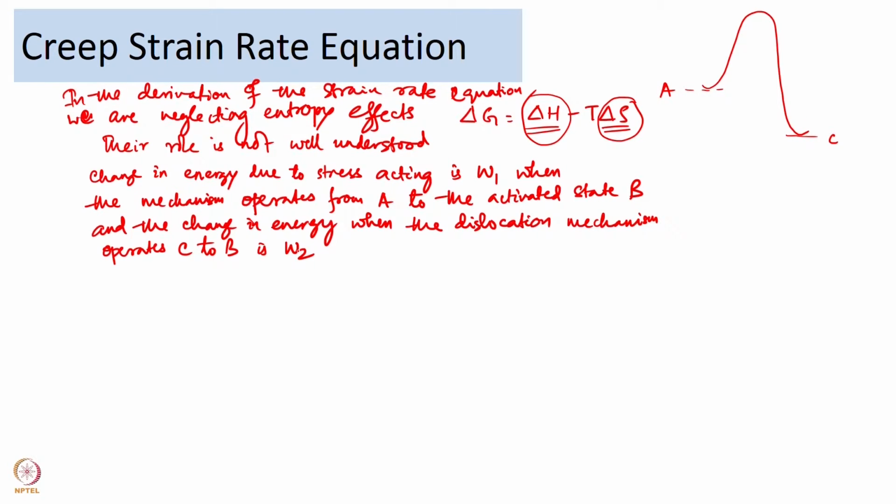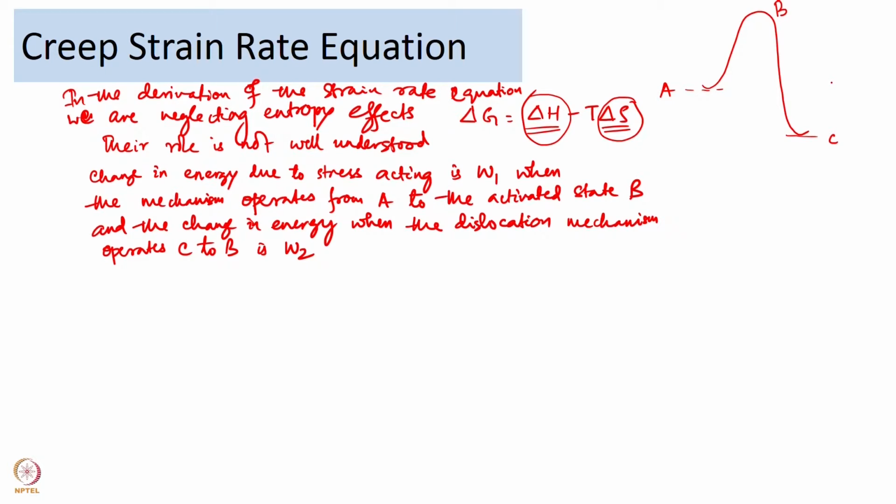So, the moment the dislocation climbs up the hill from A to B, it is going to easily go down to C, because that is the law of thermodynamics. It is going down the energy barrier, so it is going to be easy.